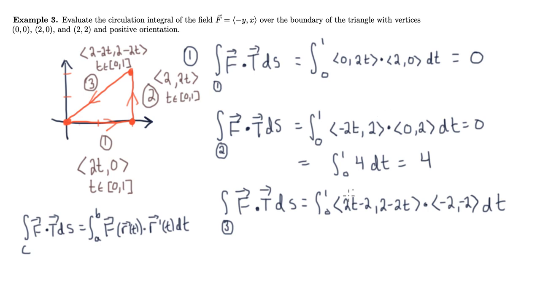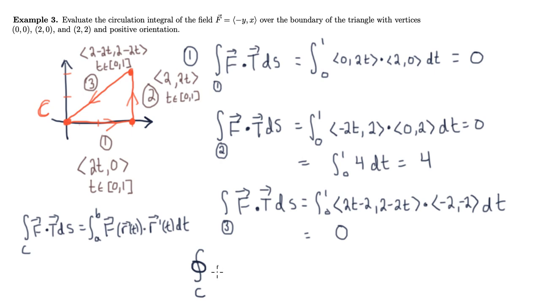But notice what's going to happen. These have opposite signs. These have the same sign. So I'm going to get this plus its negative. So I'm actually just going to get 0 here as well. But now I'm done. So the circulation integral, remember I'm going to put this circle around the integral sign to really signify that this curve, if I call it C, given by 1, then 2, then 3, is a closed, simple, positively oriented curve.